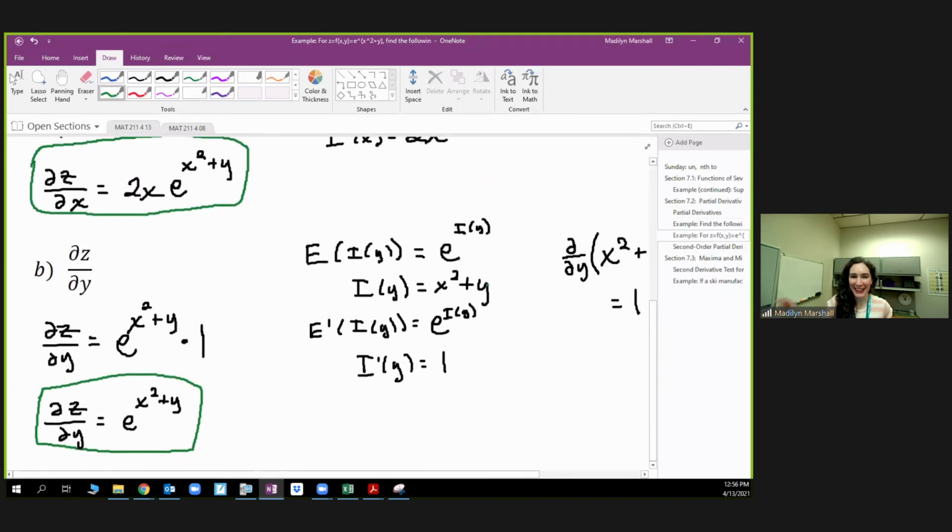Okay. So one last little bit of this partial derivative section. Just as a little preview, in section 7.3, we are going to be doing optimization in multiple variables, which means finding maximums and minimums and those kinds of things, the kind of thing that we did in one variable functions.